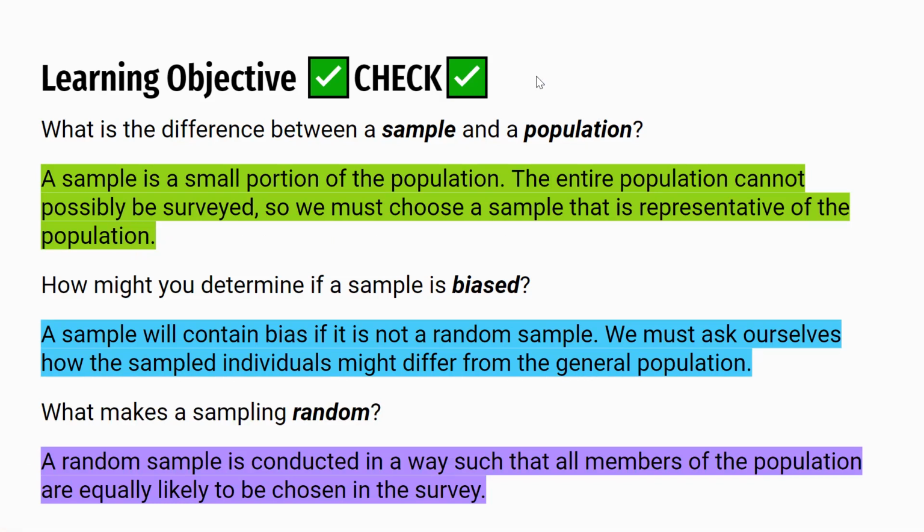We must ask ourselves how the sampled individuals might differ from the general population, and then assess whether or not there is implicit or explicit bias that is put forth by that sampling. And lastly, what makes the sampling random? A random sample is conducted in a way so that all members are equally likely to be chosen for our survey. So that's all I have for you today.